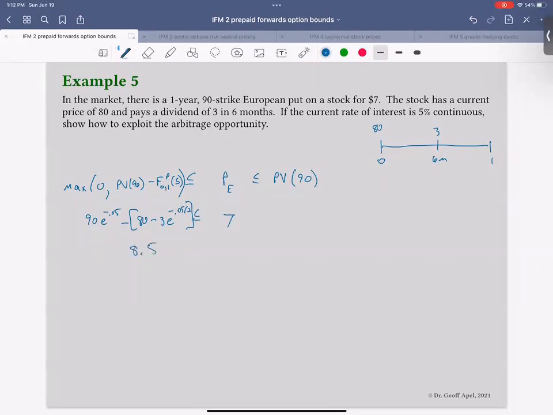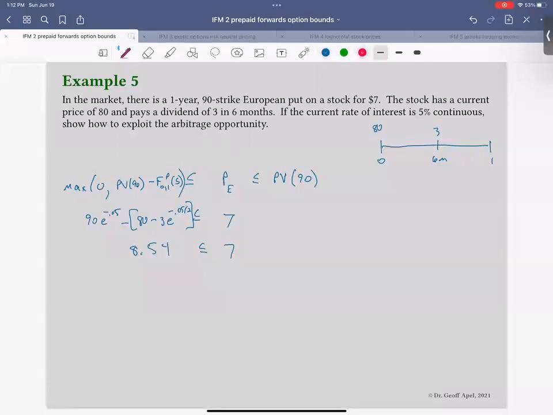Sure enough, the bottom bound there is actually 8.536 something. So 7 is fine, it's no problem. But the put should really be priced higher.